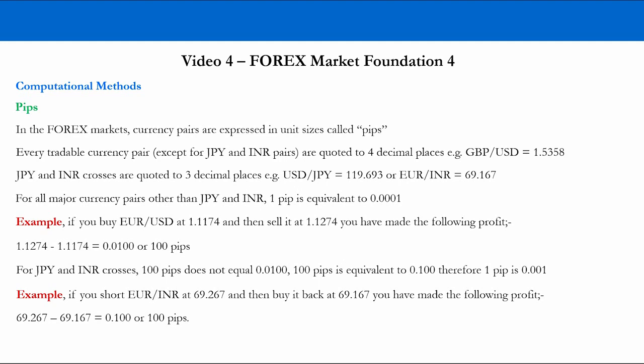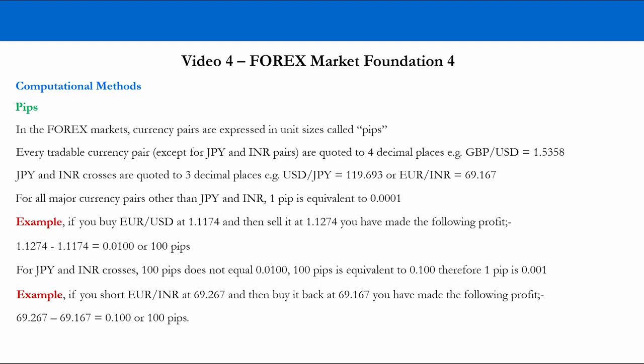So, for example, the sterling US dollar is quoted here as 1.5358, so to 4 decimal places, and the dollar yen is quoted as 119.693, so to 3 decimal places.